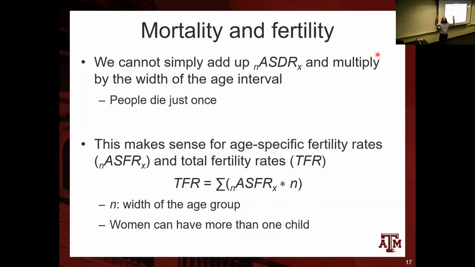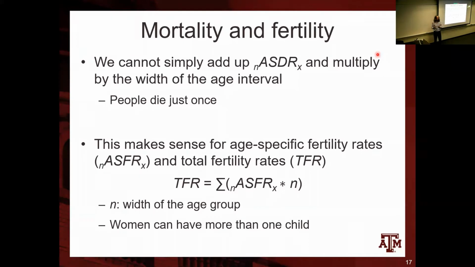Because let's say if we had this measure of total mortality rate that we don't use, but if I calculate a TMR, total mortality rate, why would it not make sense? Because the total mortality rate would say what? If I put a group of people experiencing those age-specific death rates, calculated for a country in a specific year, they would die on average 1.7 times, 2.3 times. That doesn't make any sense because we die just once, right?